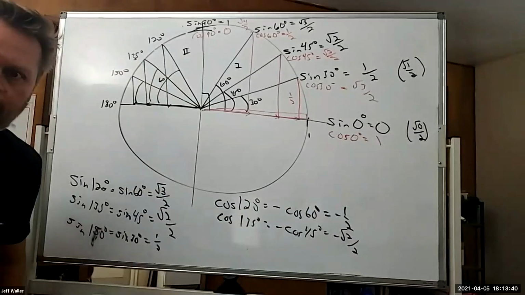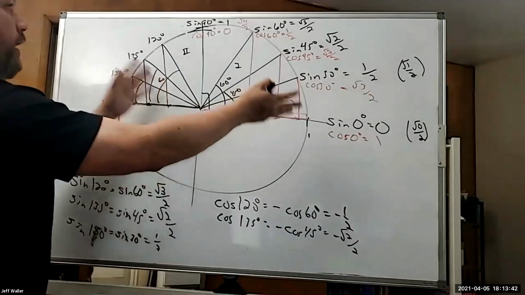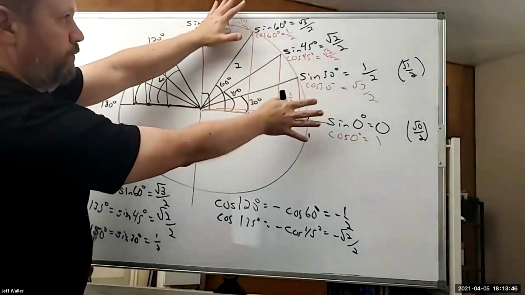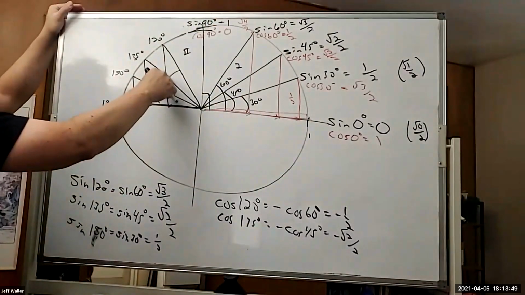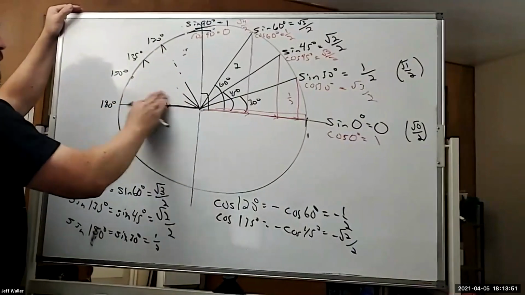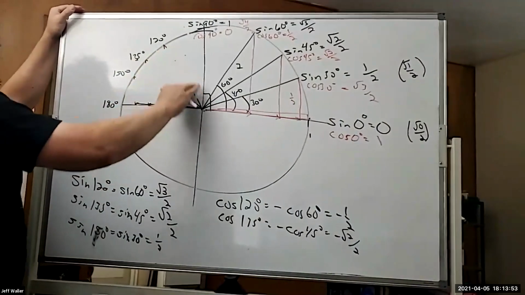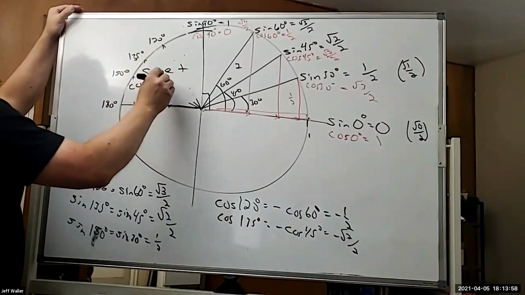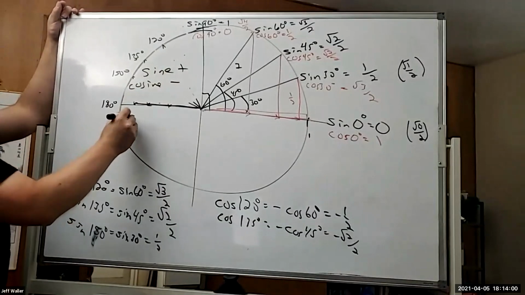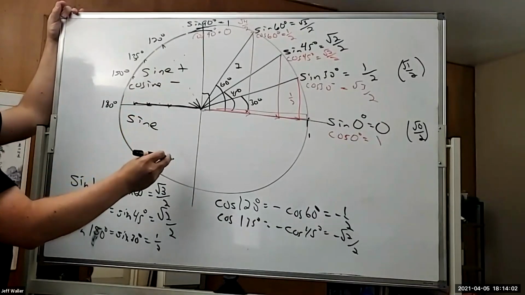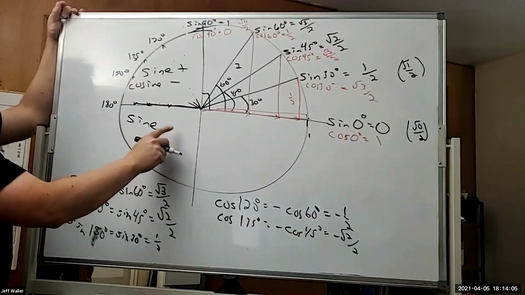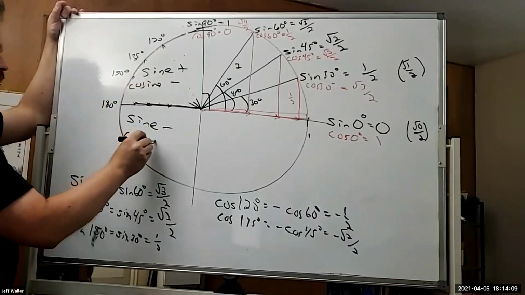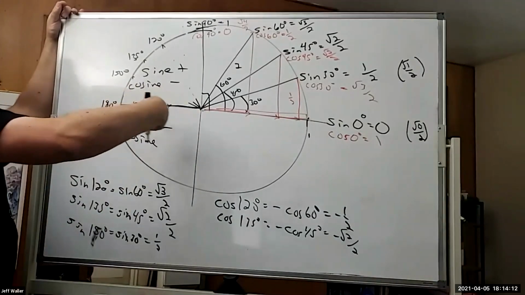So really, I don't have to go any further than this, because here, what's going to be true about sine and cosine? Sine will be positive and cosine will be negative. What's true here? Sine will be negative and cosine will be negative.